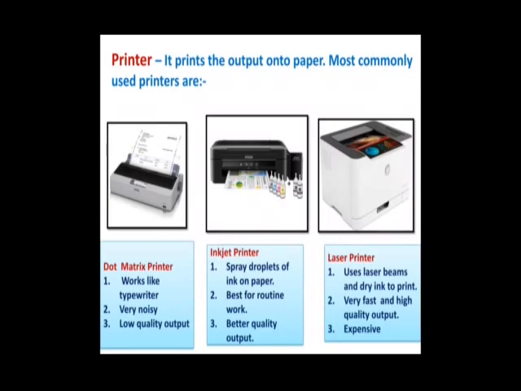So it uses the ink in the form of liquid, and there is some processing inside that printer that it sprays the droplets of that ink, and then whatever you want to print comes on the paper. So these are best for the routine work we are doing, that if we are using it at home and we are printing our assignments or some pictures, so this is very good for that. It has a very good quality also.